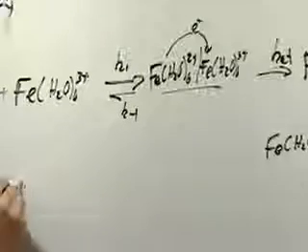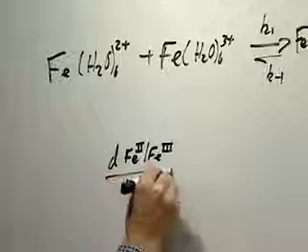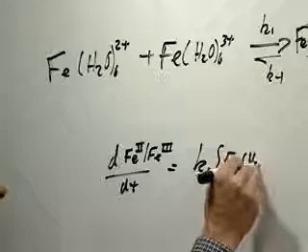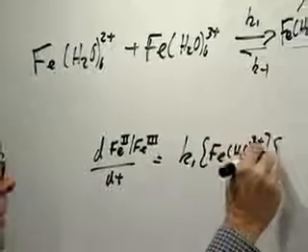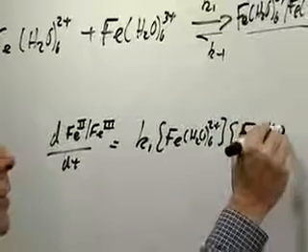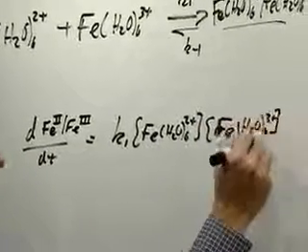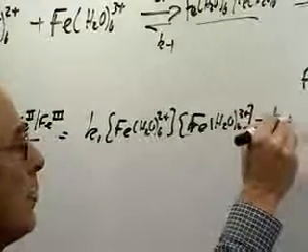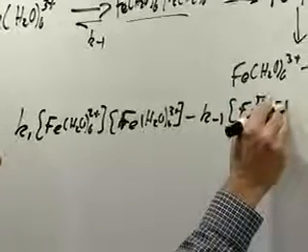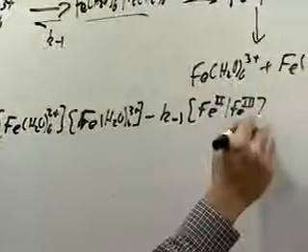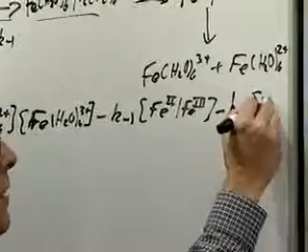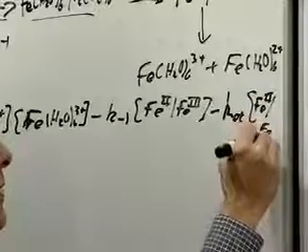So if I calculate d[Fe2Fe3]/dt, it's going to be k1 times [Fe(H2O)6 2+][Fe(H2O)6 3+] minus k minus 1 times [Fe2Fe3] minus k_ET times [Fe2Fe3].